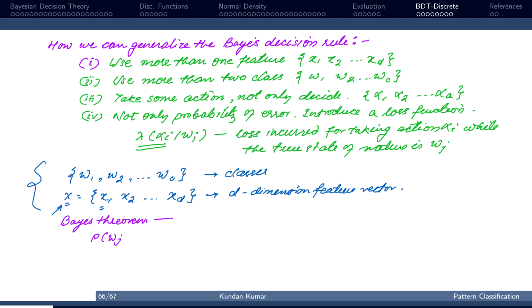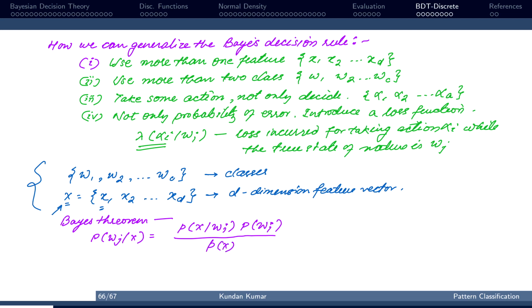Here we are using omega j instead of omega 1 and omega 2 because we have C number of classes. So x is now an upright letter, and then likelihood into prior probability divided by evidence.